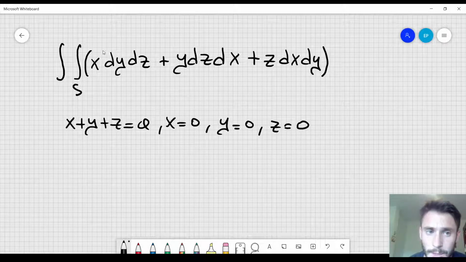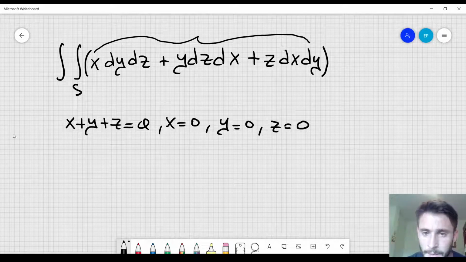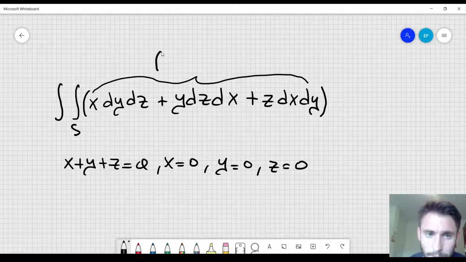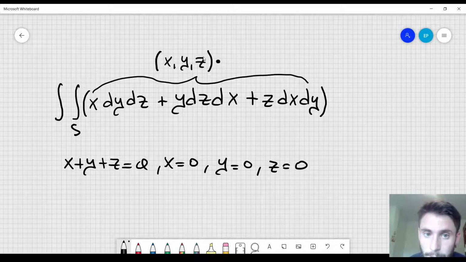Let me also tell you that the integrand here can be written in another fashion, more concisely like this. We have the vector x, y, z. We have to take the dot product with the normal to the surface ds, or sometimes we can also rewrite n ds as the vector ds.